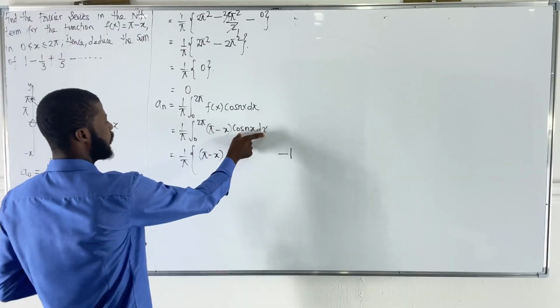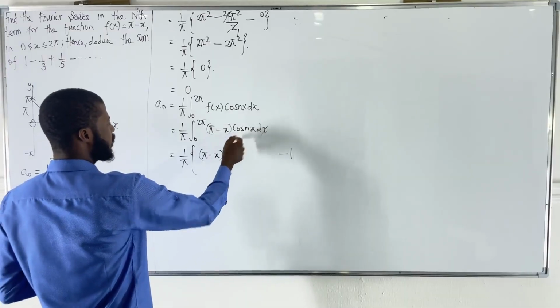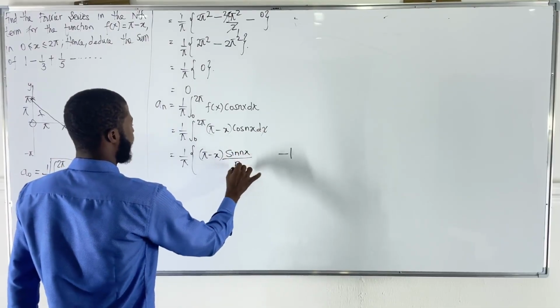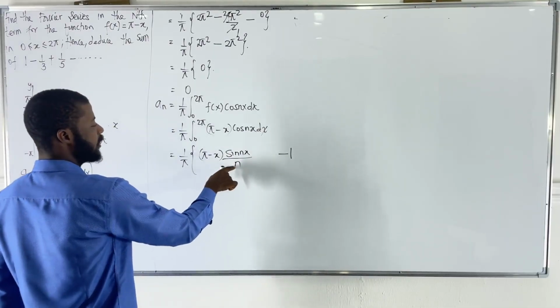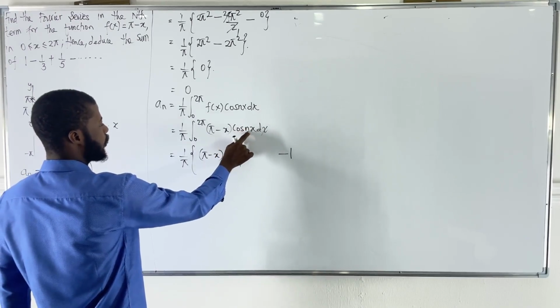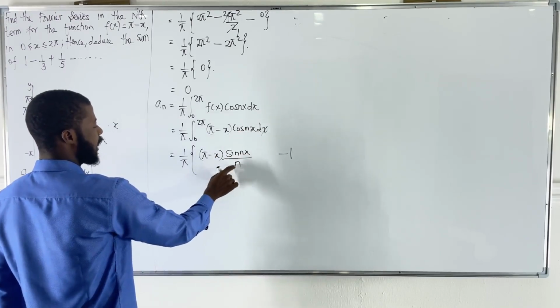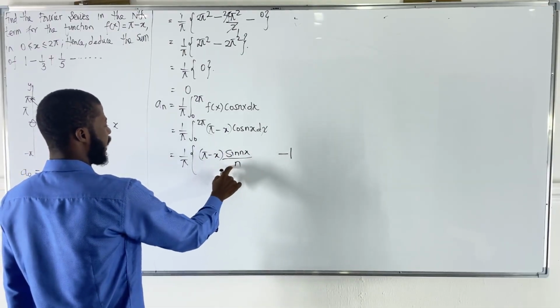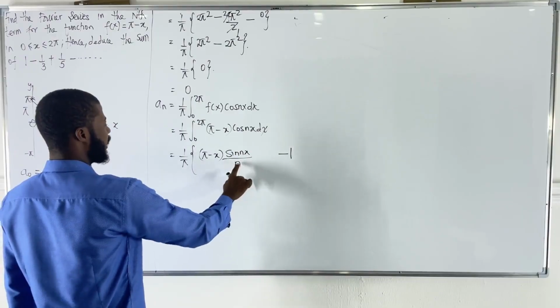For this cosine, we're going to be integrating this. So integrate cos nx. We're going to have sine nx all over n, because you must divide by the derivative of the angle nx. So when you differentiate nx, you're going to have n. So you divide by that very n. Now this whole thing, sine nx over n, integrate it again.